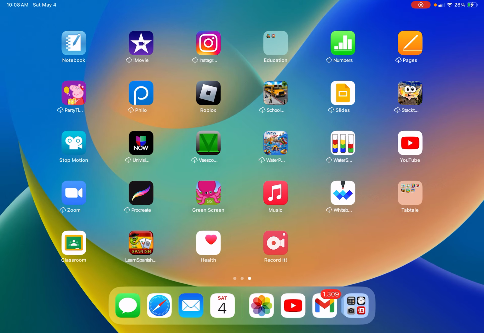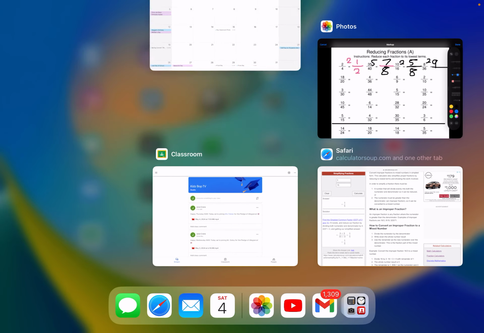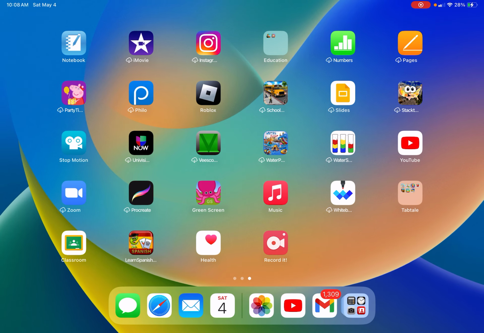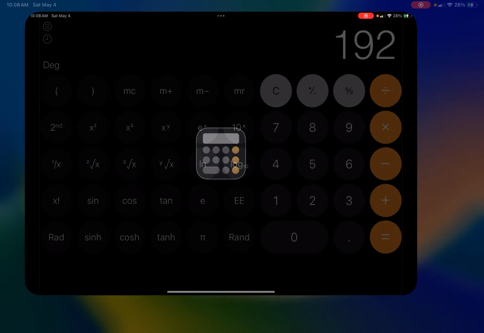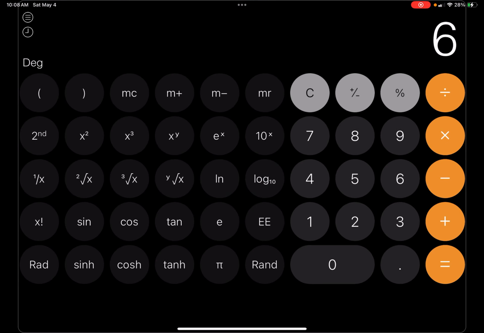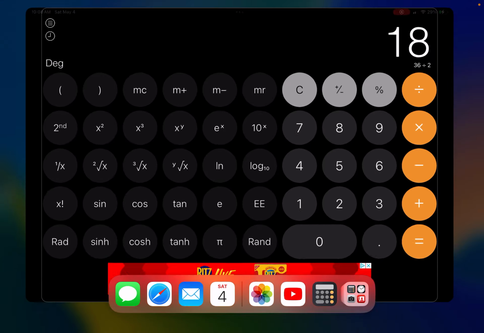I'm going to use my calculator to solve. I'm going to go to my iPad, and you can see it's called a calculator. So we're going to do 36 divided by 2. And that will be a fraction.